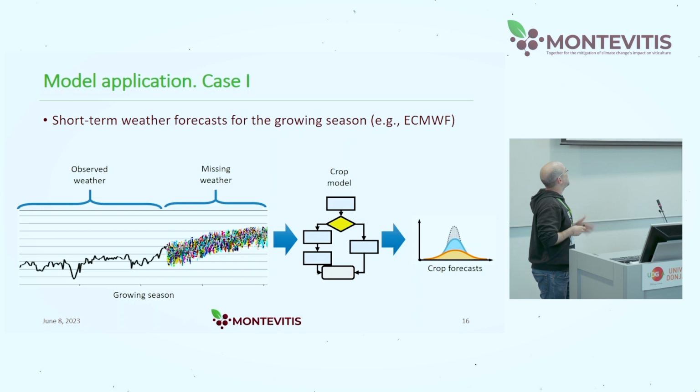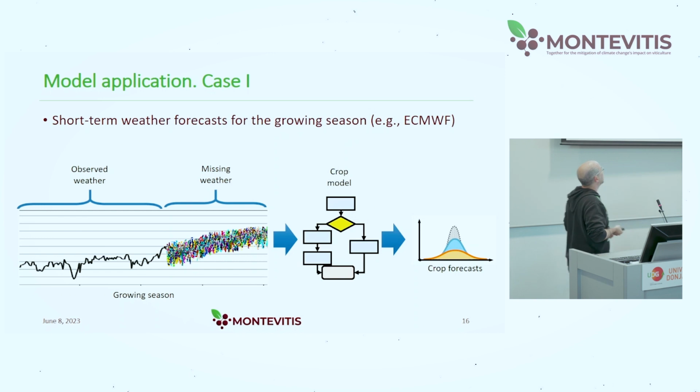We can apply them and simulate what the yield will be in the next months, if we need, for example, to irrigate or fertilize to improve the yield, or to prevent the plant from being stressed.